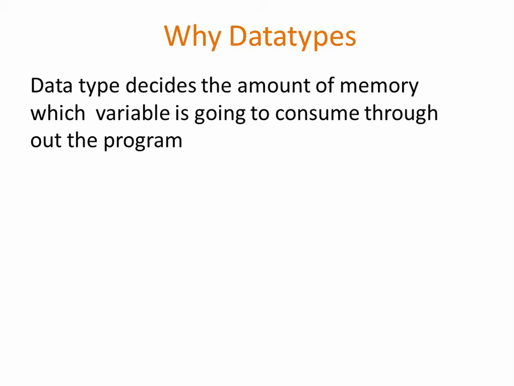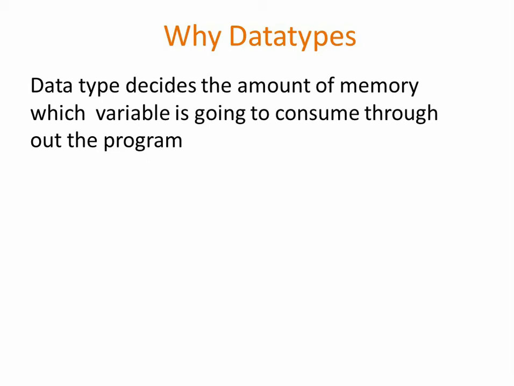For this reason, data types are used, so that the memory in the RAM does not go to waste. For example, an int data type consumes a very small amount of memory. We have to fix a memory size in RAM before the program executes.